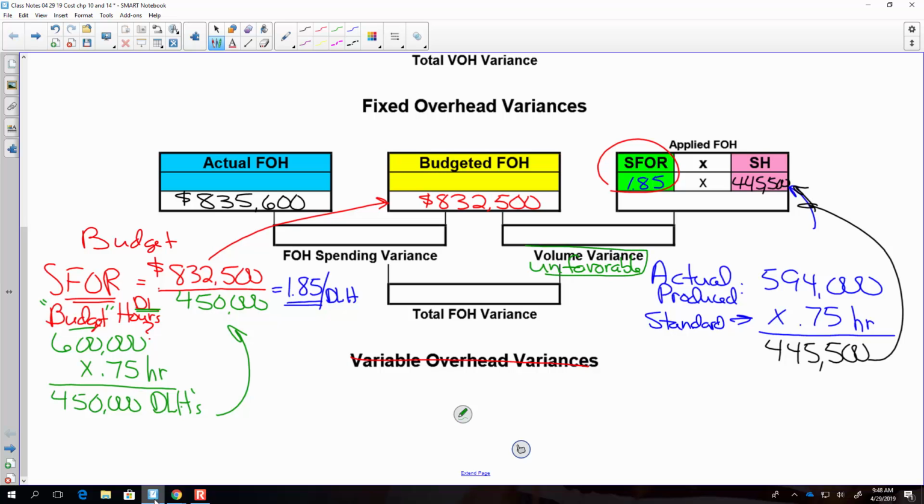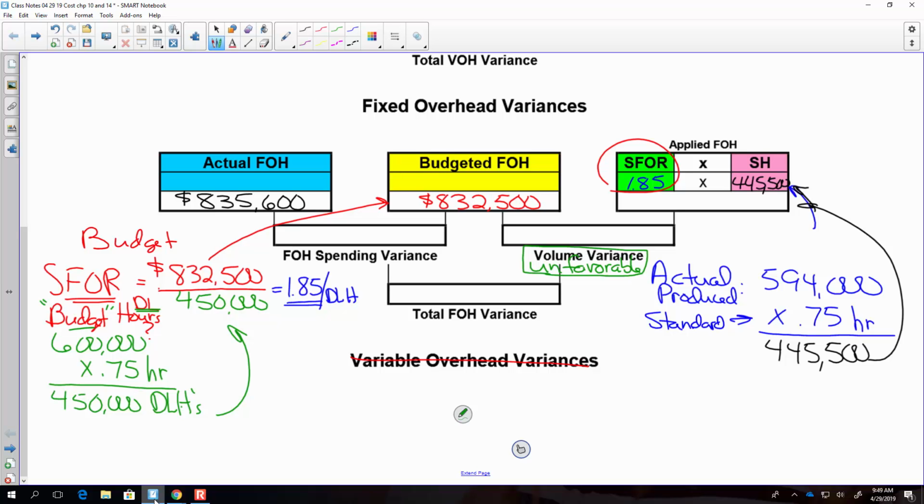What number should we be looking for this volume? Don't look at the dollar amount. What's volume a measurement of? Quantity of units, right? What did we plan to make in units? 600,000. What did we actually make? 594,000. So we didn't quite hit our budgeted unit number.